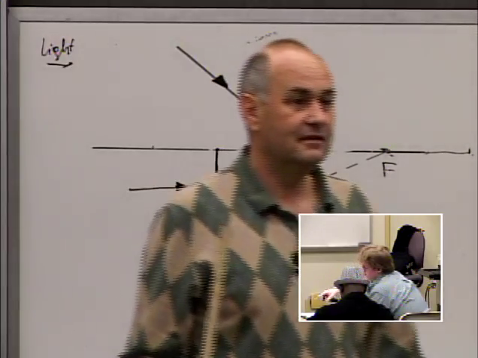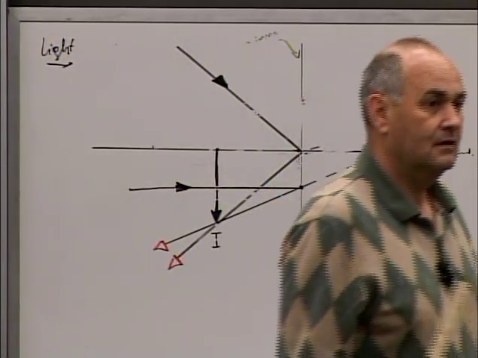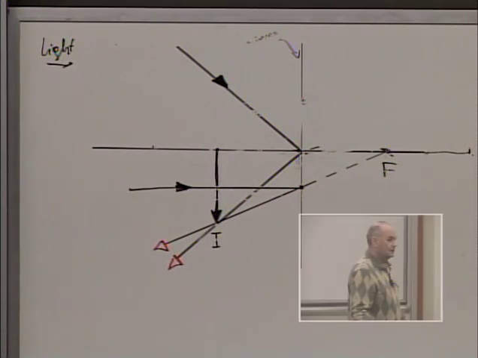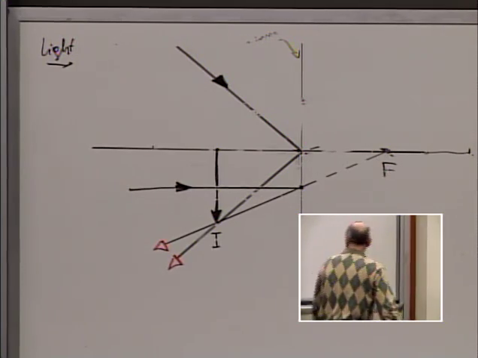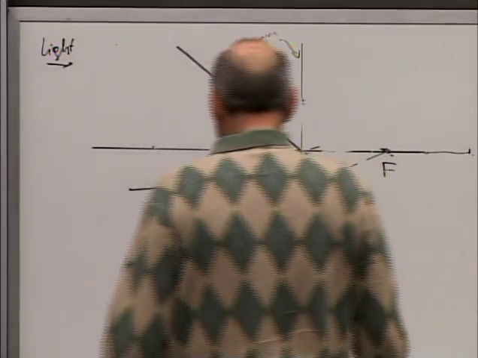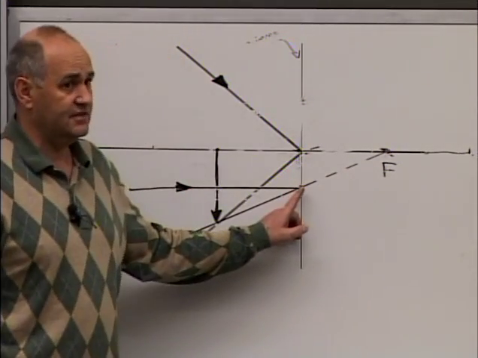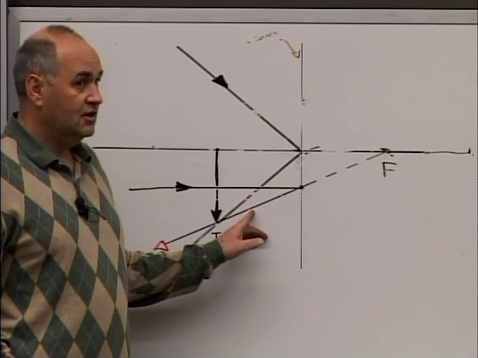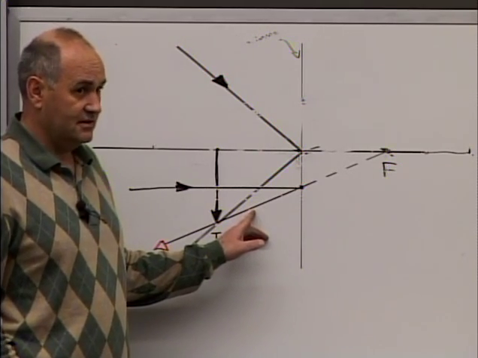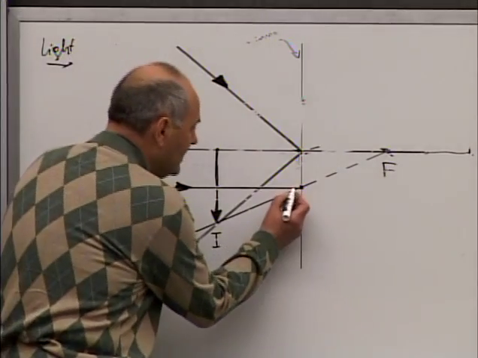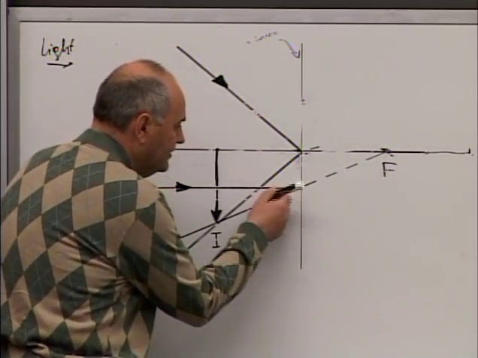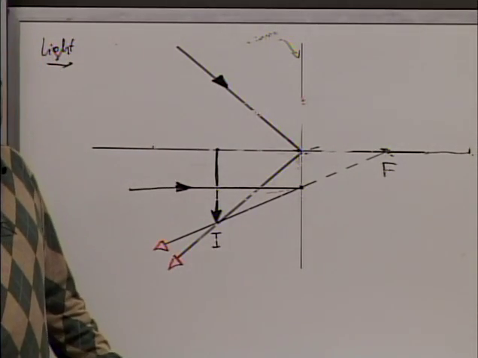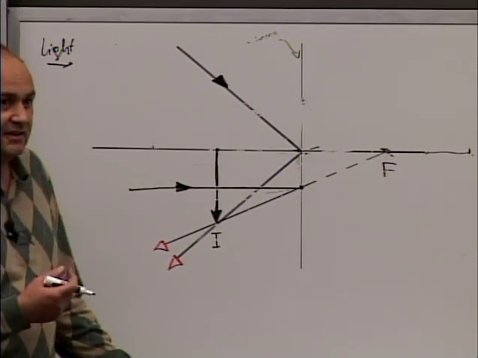What did you say? It's normal? No, the parallel ray is not normal to the surface of the mirror. The image ray goes off here. That one? Yeah. It's not normal to the surface either. The normal actually is in between. Remember that the angle of incidence has to be equal to the angle of reflection, right?